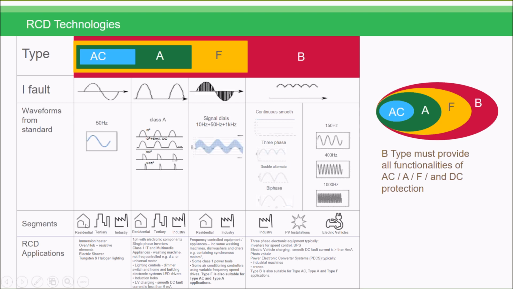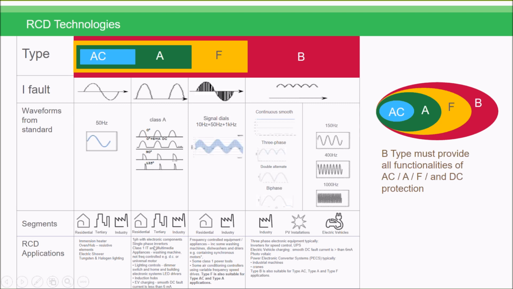You can see that some of the segments that these are used in, so AC and A are very common and they're used in residential, tertiary and industrial environments. And some of the areas that we see them in can be protecting circuits that have immersion heaters, ovens, hobs that are resistive elements, electric showers, tungsten or halogen lighting.